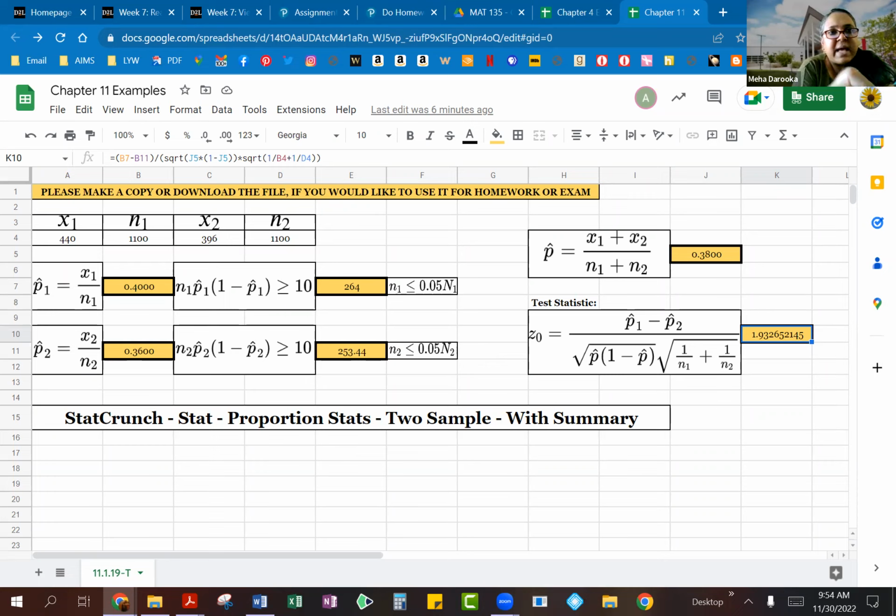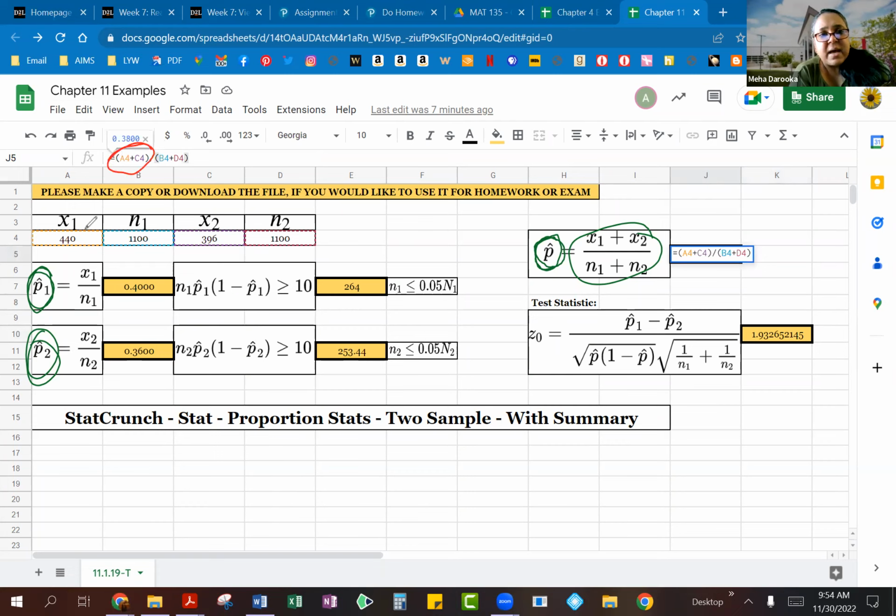One of the first calculations you have to do is, we found the p-hat-1 and the p-hat-2 values, but this calculation is based on p-hat, which uses both of our samples, sample 1 and sample 2. So this is the formula for the p-hat value, which comes from taking the sum of our x1 and x2, which is in parentheses over here.